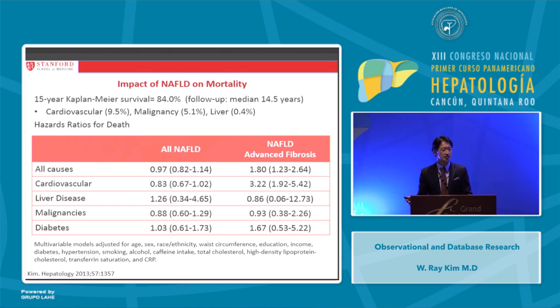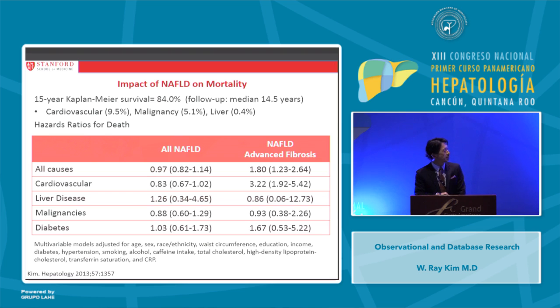So we ran the Cox model and looked at all NAFLD patients and the risk of NAFLD associated with mortality, and nothing really was important. None of this was statistically significant; having fat on the ultrasound had no impact on mortality.